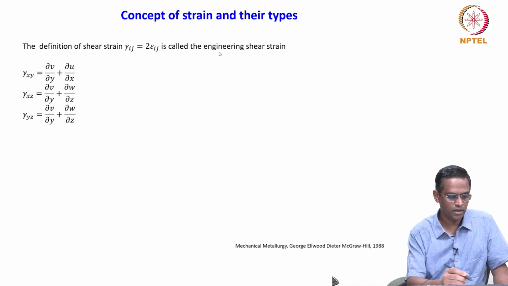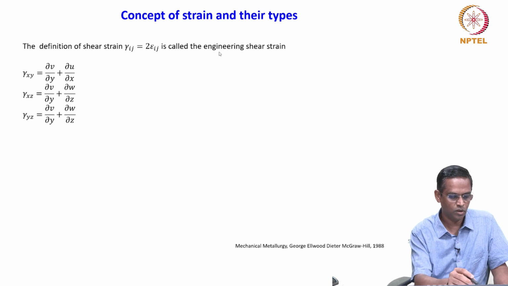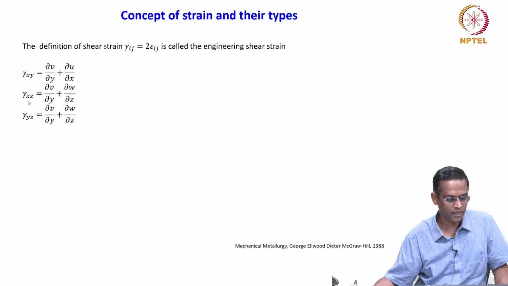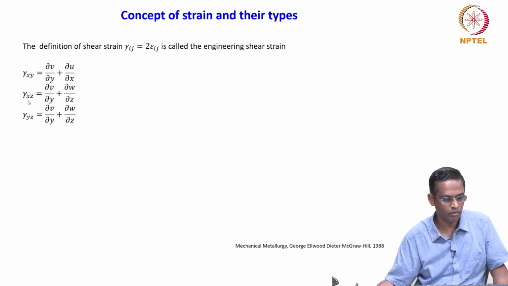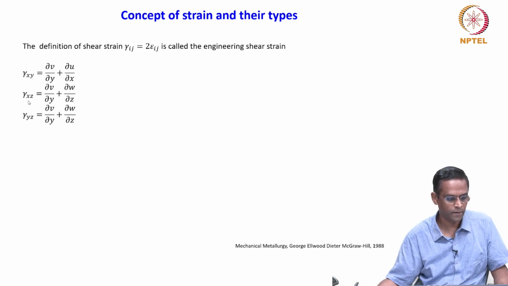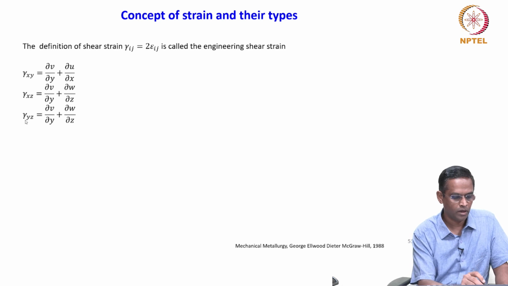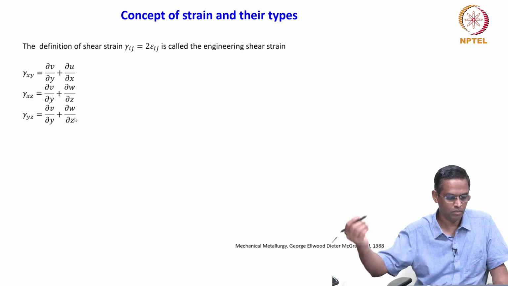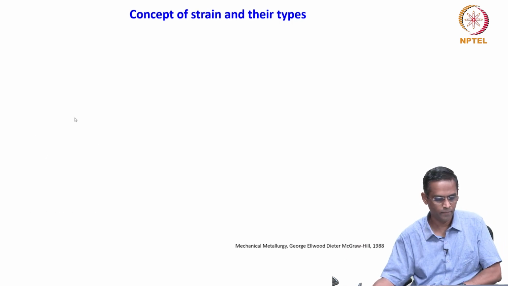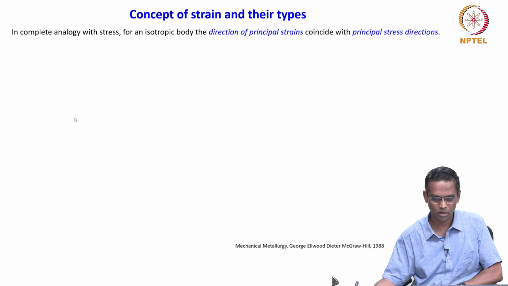So here gamma xy is equal to dou v by dou x plus dou u by dou y, and gamma xz is equal to dou u by dou z plus dou w by dou x, and gamma yz is equal to dou v by dou z plus dou w by dou y. Okay, and it is not a tensor quantity. Please note that, that is a small piece of information.